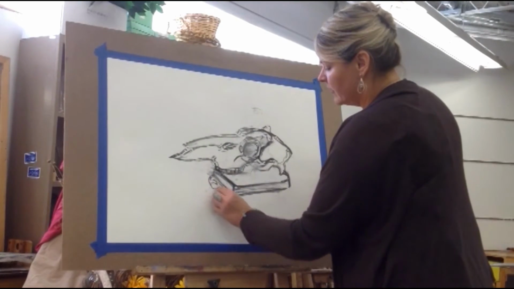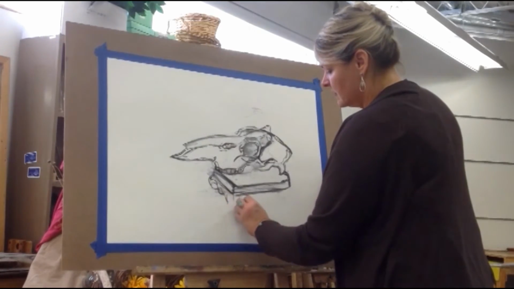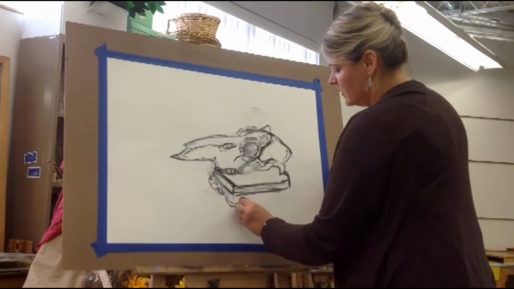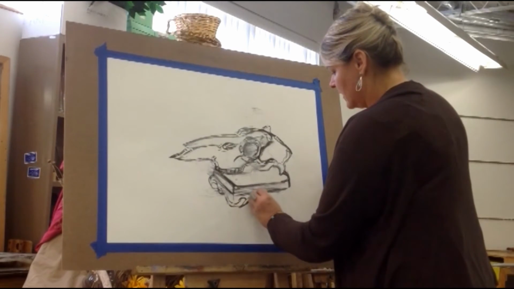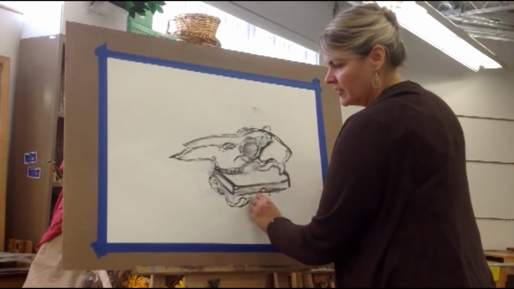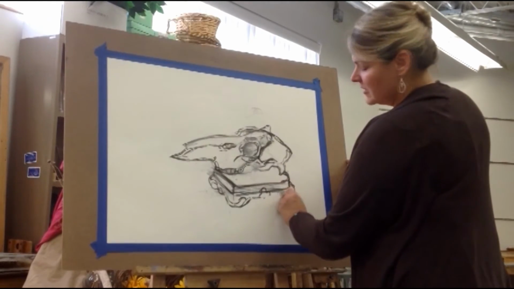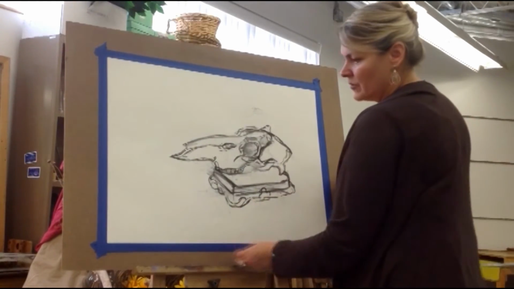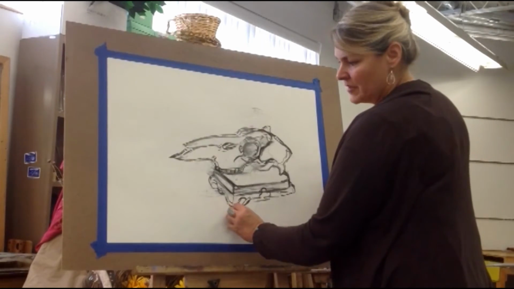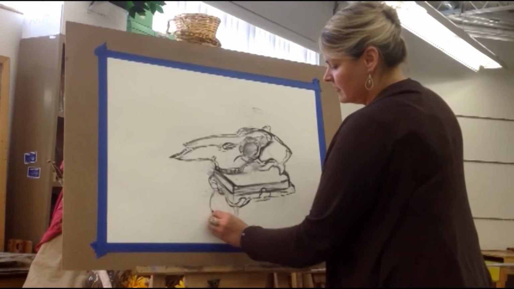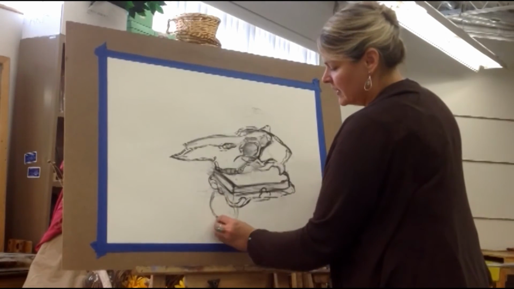I'm going to draw a little bit of the decorative, ornate parts of the pedestal here, and I'm just suggesting things. I'm not trying to get it just right, I'm just trying to place things and suggest where they are. It's like frosting on a cake or something. Okay, but I first need to find out where those edges are.